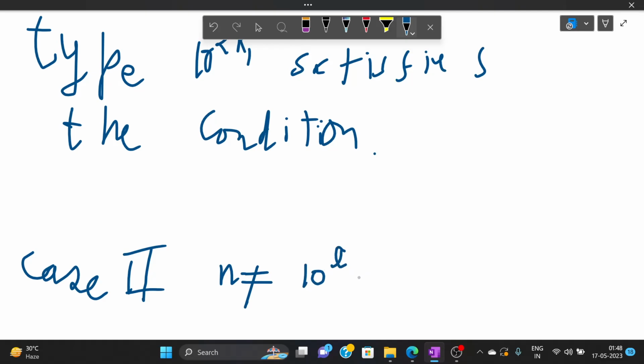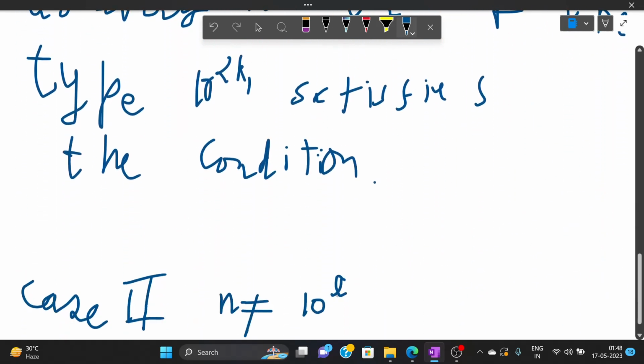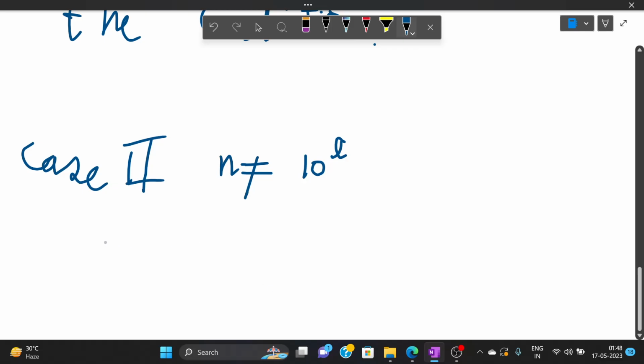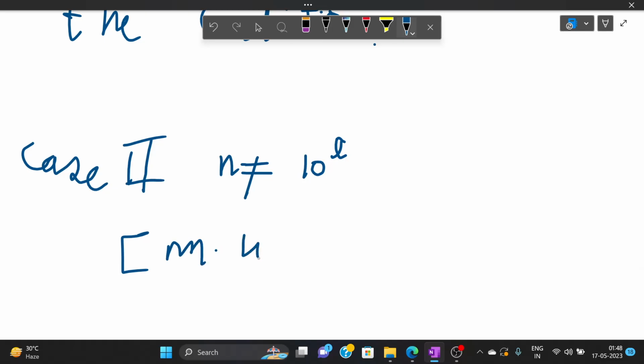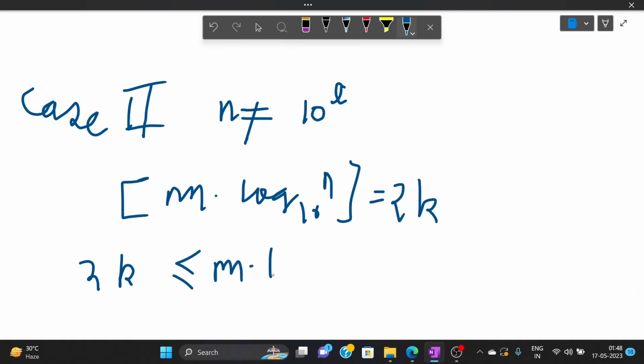Now this one is the interesting case. So now when n is not of the type 10 to the power L, this means the greatest integer of m times log n base 10 should again be an even number, as in the previous case. So this means that it equals 2k.